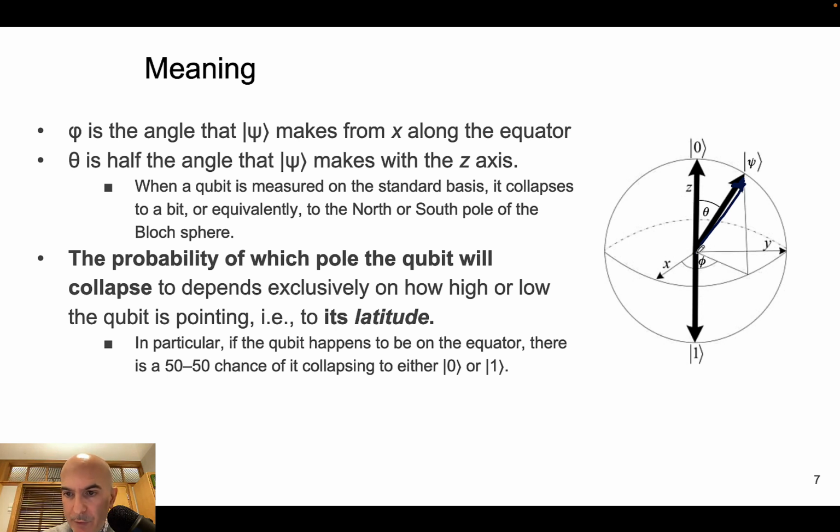So if our qubit is represented on the Bloch sphere in this way, it turns out that there is a 50-50% chance to collapse either to the 0 or to the 1 state. So any vector on the equator has the same probability to collapse to 0 or to 1. So the probability of measuring 1 or 0 is the same.